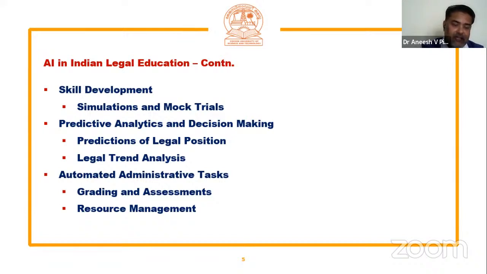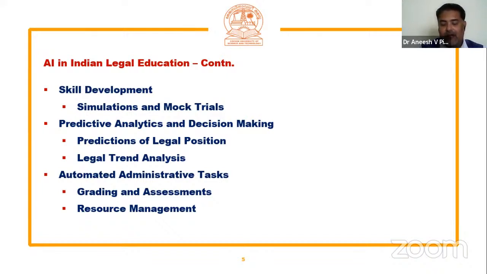Then regarding legal education, when it comes to the use of AI tools, it can help the legal institutions also, which provide this legal education, by way of automated administration tools. There are so many automated administrative tools which can help the law colleges, law schools, national law universities to more effectively do their administrative tasks, like grading and assessment.